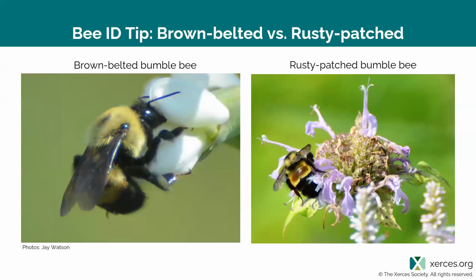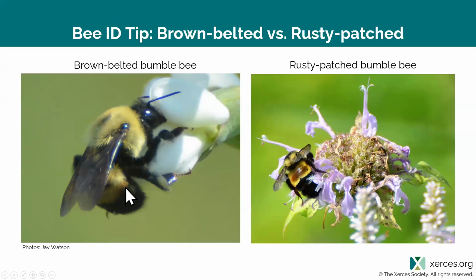All right, there are a few different species of bumblebees that you might mix up with rusty patch bumblebee. A lot of the time when folks are just getting started with their bee ID, they will mix up rusty patch bumblebee and brown-belted bumblebee. Brown-belted bumblebees are a species that we covered last week, so this bee should look a little bit familiar.